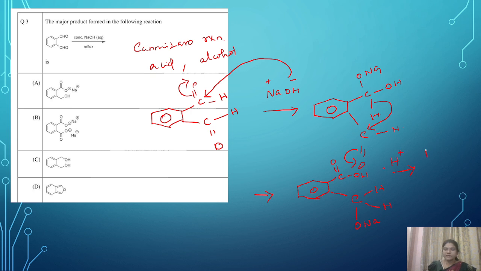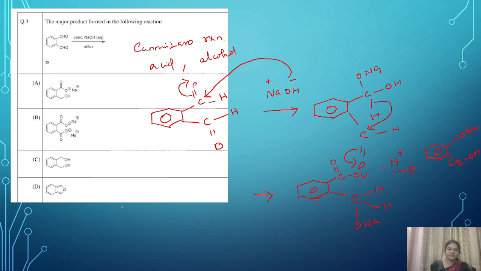What may be the product? Okay, this is the product. Where is that product? Here. Here this hydrogen is replaced by Na.